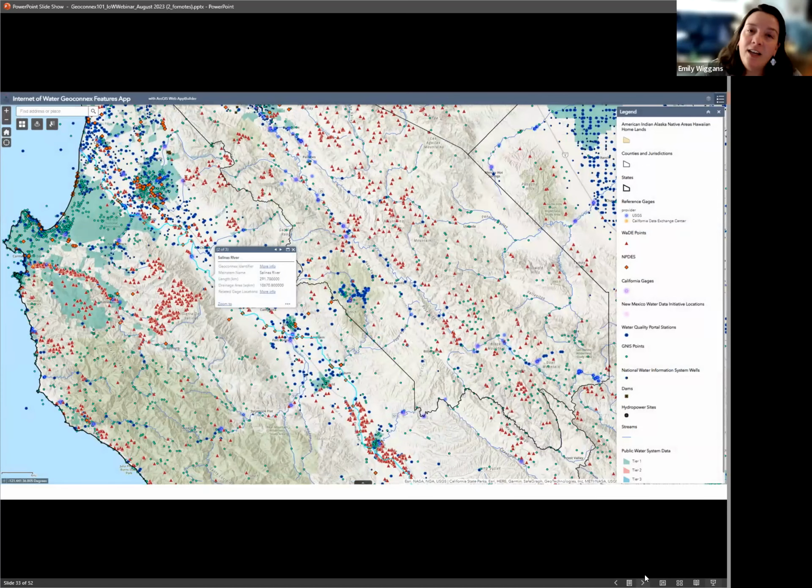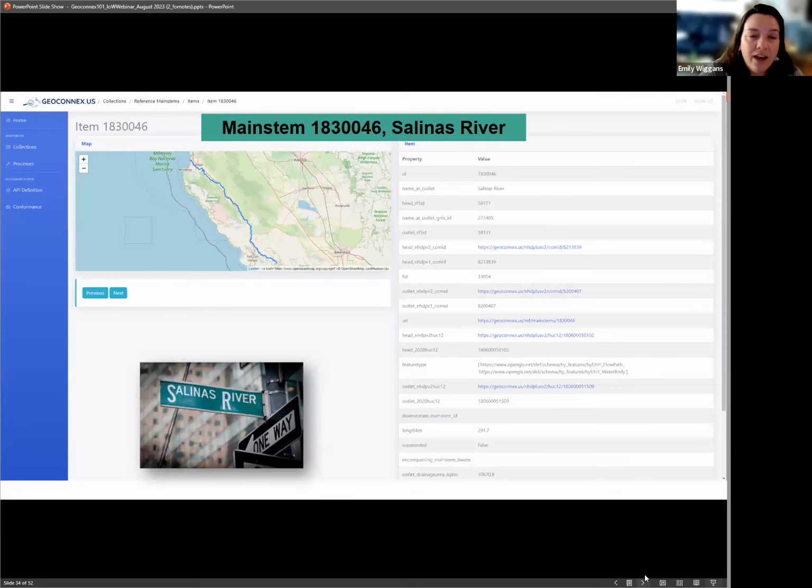But kind of taking you all on a journey from a more curious user to a more savvy user now. If we click on the Geoconnex identifier hyperlink for more info, that takes you to this landing page. And effectively, this is a visual of kind of the back-end system for how Geoconnex is working. So this is still the main stem, 1830046 Salinas River.